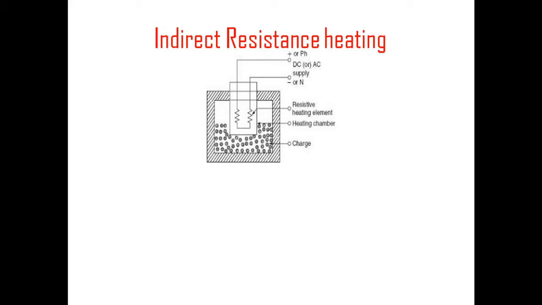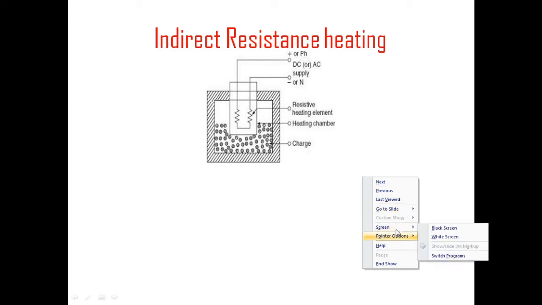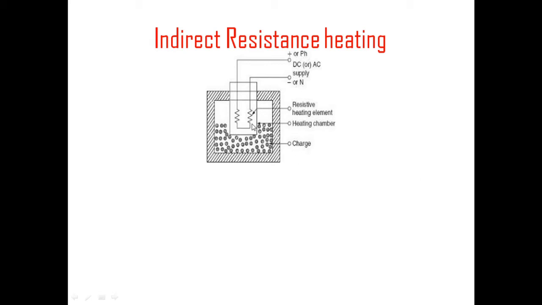Whereas in indirect resistance heating, the current will not flow through the charge. Instead, it is made to flow through some other resistor, and the heat will be transferred to the charge through the resistor, not by having current in the charge. Because of that, it has been named indirect resistance heating. I hope it's clear now.